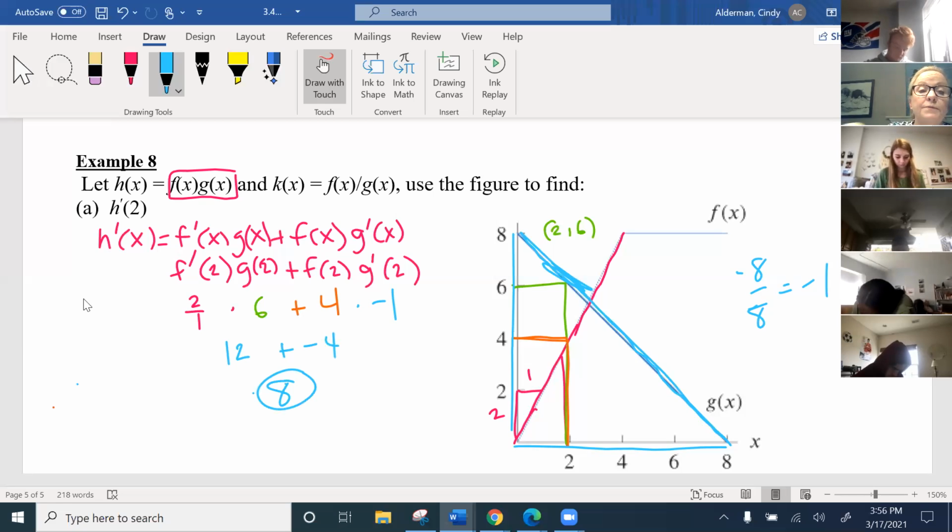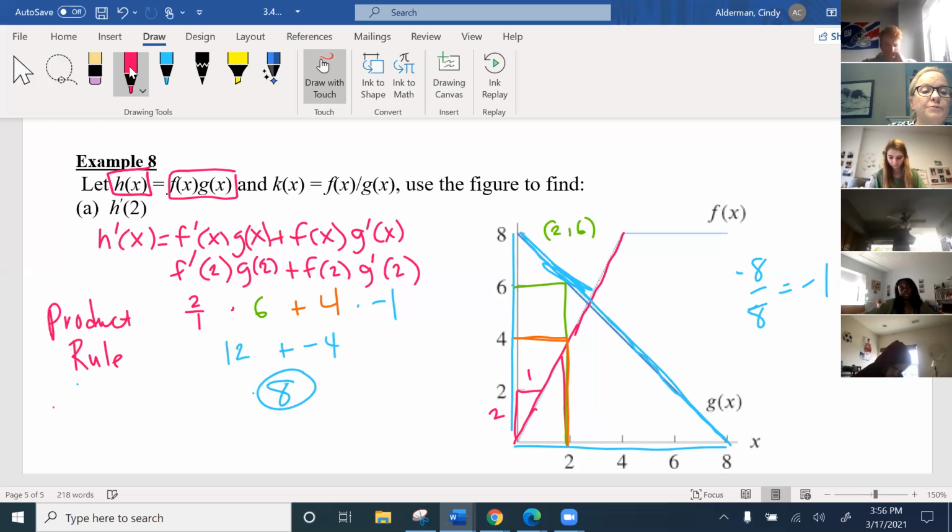So here we're using the product rule, right, because that's what h of x represents. In this next problem, oh wait, it's okay.